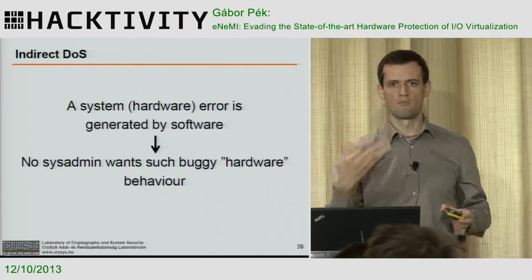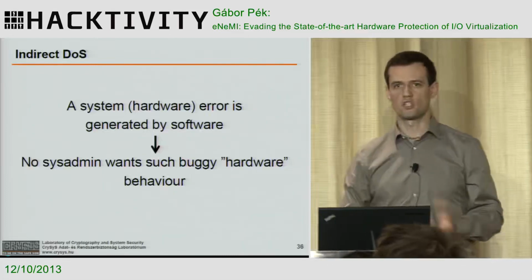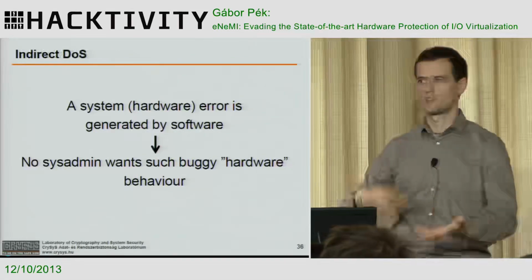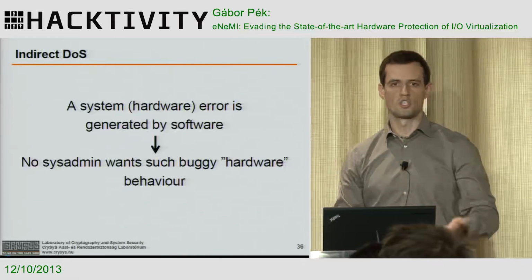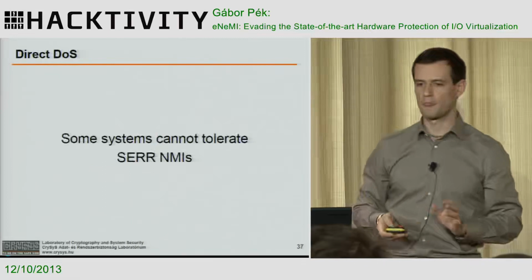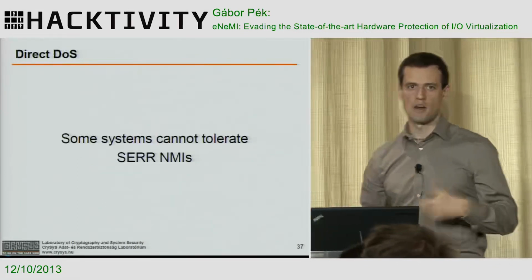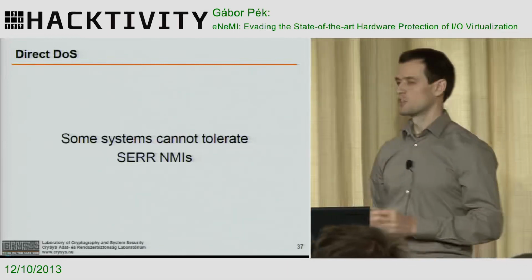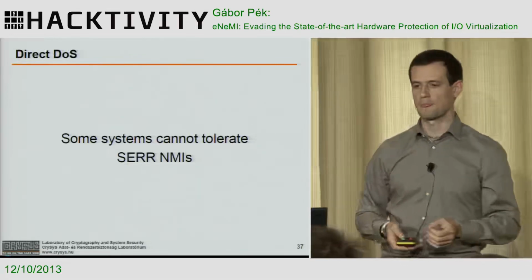When I have a buggy driver or buggy hardware, system admins want to change it, right? If, for example, you are in a cloud and you have a pass-through device and the sysadmin sees that you have a device that is buggy, for sure he won't like it. So this is the indirect DoS version. Some systems are configured so that they cannot tolerate system error non-maskable interrupts. So basically, this is a system DoS. For example, you can deny service to the entire system.